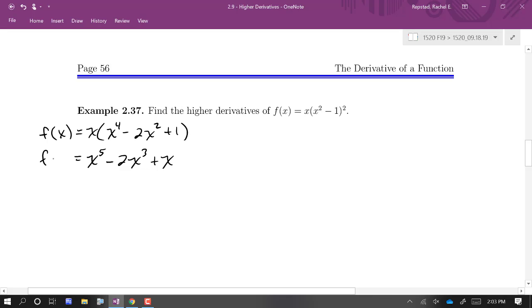This is just f. We haven't taken a derivative yet. But since we did this little bit of algebra, all the derivatives are going to be pretty quick.